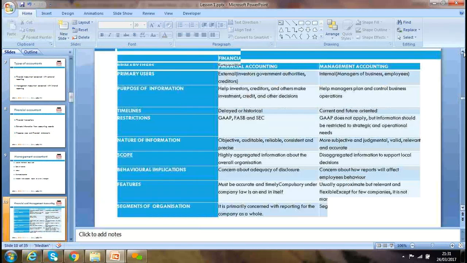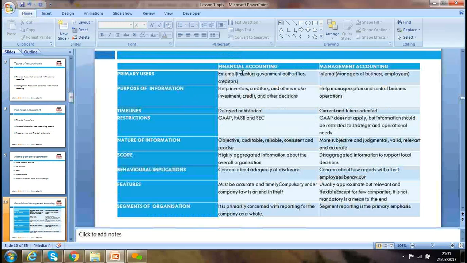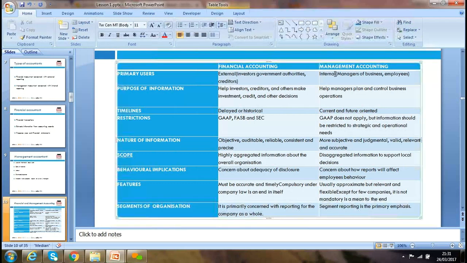Investors are the primary users of financial accounting, who are external bodies. But financial management is internal: managers, employees, and owners use the information. Purpose of information: the financial accounting information which we give helps investors.